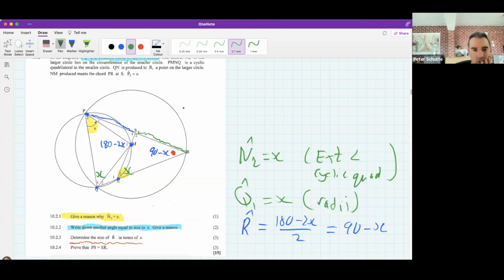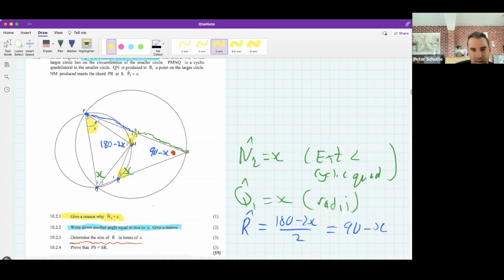Any ideas? So I am having a bit of a flashback. I'm thinking this little line that comes from here.